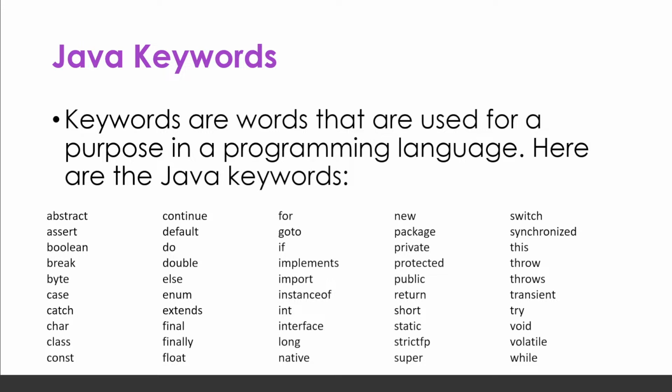We see things like abstract, assert, boolean, break, byte, case, catch, char, class, const, continue, default, do, double, else, enum, extends, final, finally, float, for, goto, if, implements, and so on and so forth. Pause here and read all these if you need to. These are words that you cannot use because they're already reserved for a specific purpose in Java, so we can't use them for anything else.